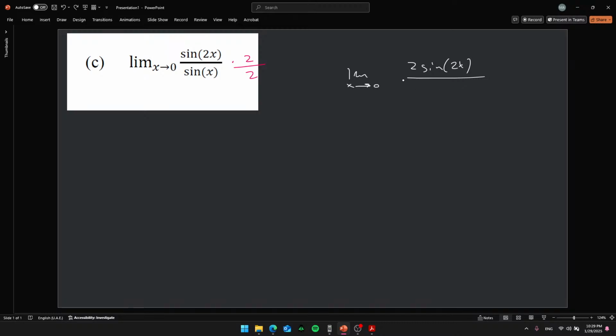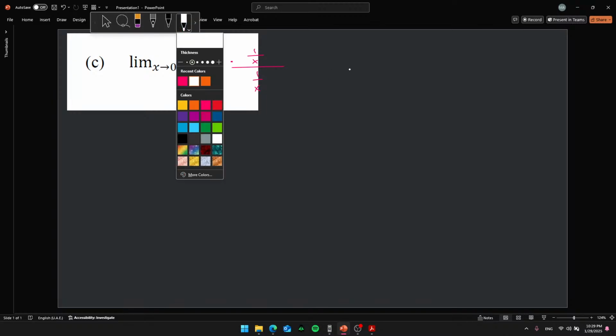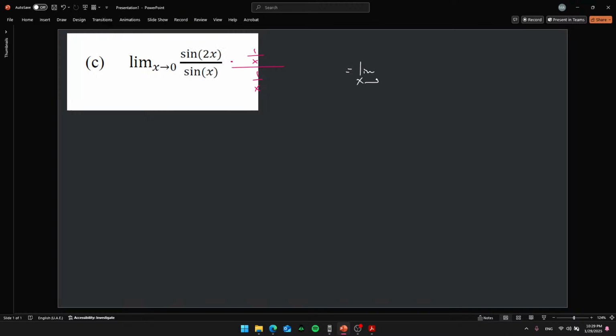Oh, wait, sorry. First multiply by 1 over x over 1 over x. So I get limit as x approaches 0 of sine 2x over x, over sine x over x.